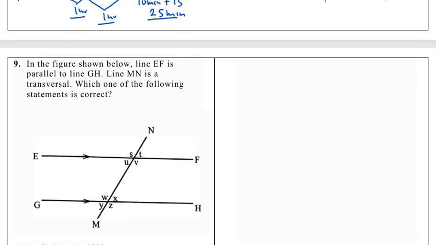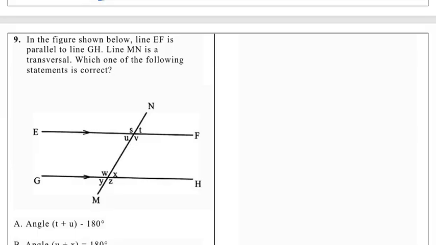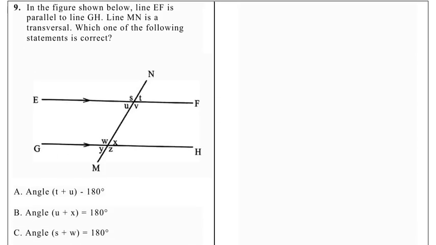those free marks. 9. In the figure shown below, line EF is parallel to line GH. Line MN is a transversal. As you can see, it's a transversal. Which one of the following statement is correct?